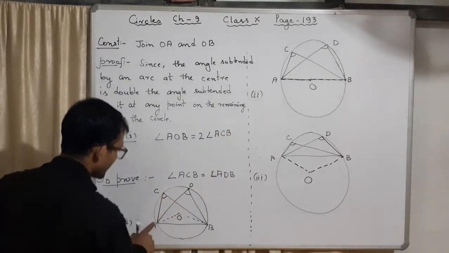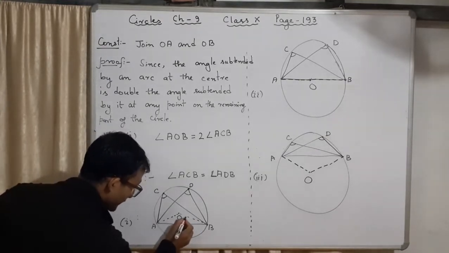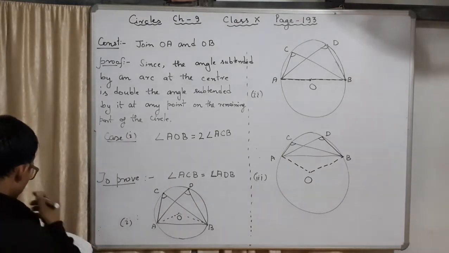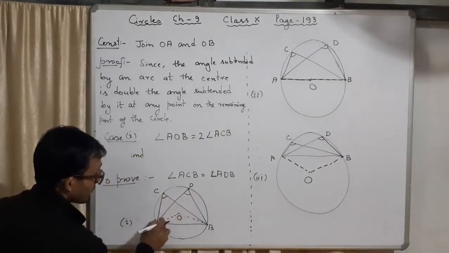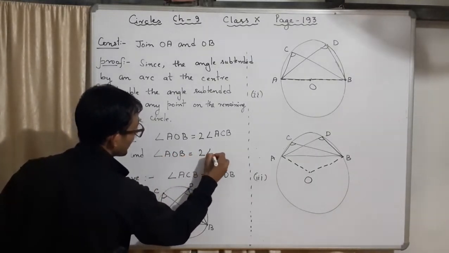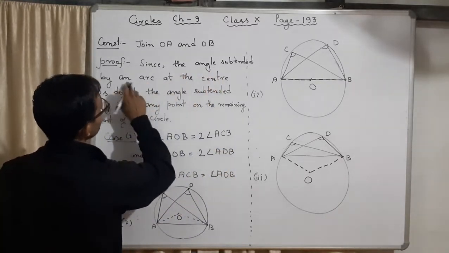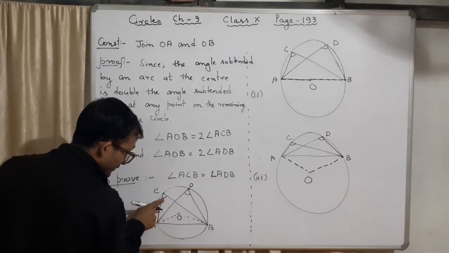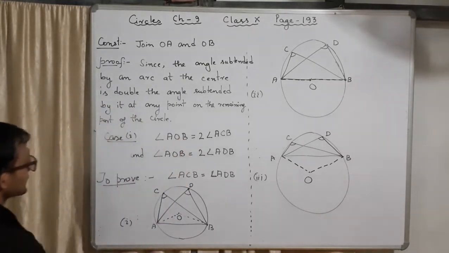Its double will be this AOB. AOB is this angle, which will be double of this ACB. Similarly, the same thing will tell me that if I choose this angle with this one, angle AOB will be equal to 2 times angle ADB. Why so? Because we know the angle subtended by the arc at the center is double of this. So both the things are here.